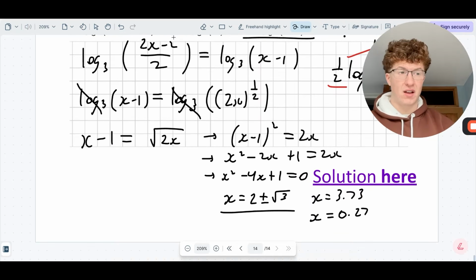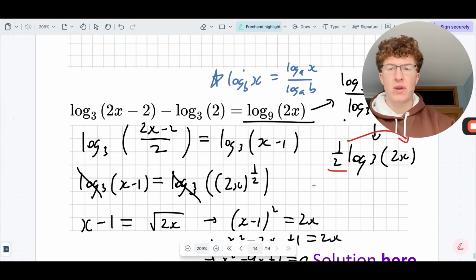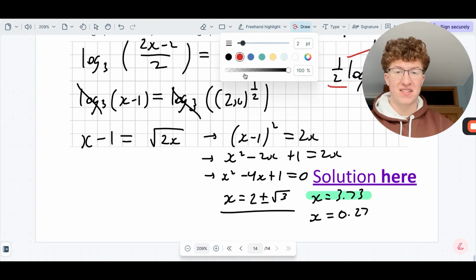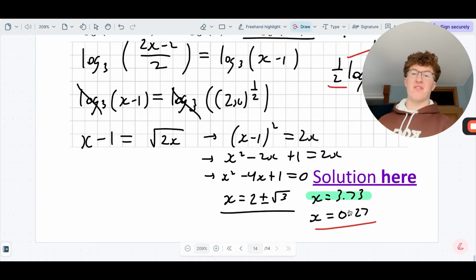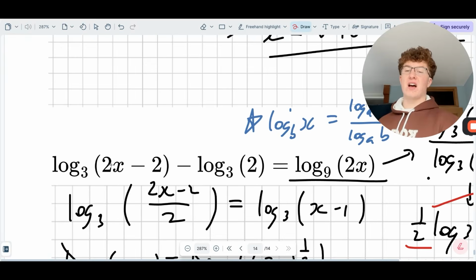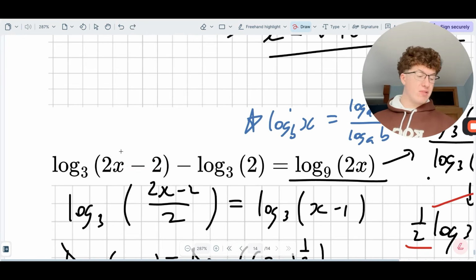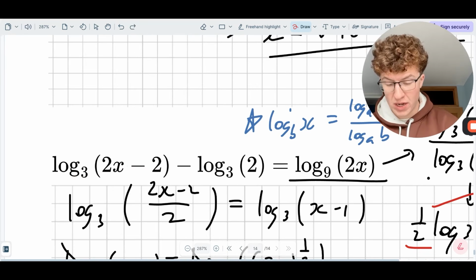When we fill in the first guy here, I'll highlight him. This first guy here, we get no problems. But notice, when we fill in the second guy, the 0.27, when we try to take the log of this first part here, 2x minus 2, we're going to have 2 times 0.27 minus 2.